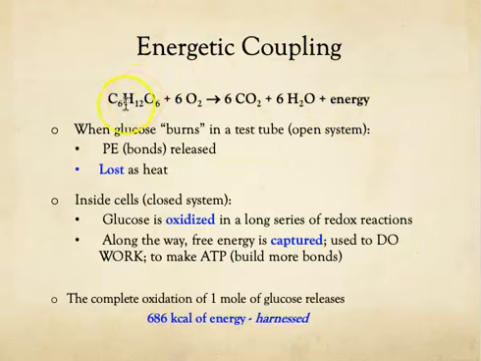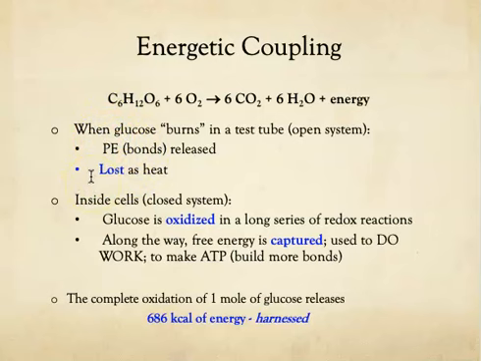If you were to take that glucose and put it into a test tube and set it on fire, you would also oxidize the glucose. You would break the covalent bonds and release the electrons. But of course, if you did that, all of that potential energy would be lost.